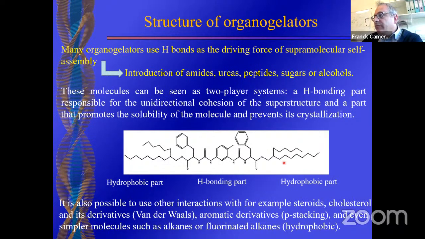And after, you have these long alkyl chains which allow the solubility of these molecular strands. You can also introduce some additional stacking interactions, such as pi-stacking, van der Waals interaction, and also some additional hydrophobic, hydrophilic interaction.